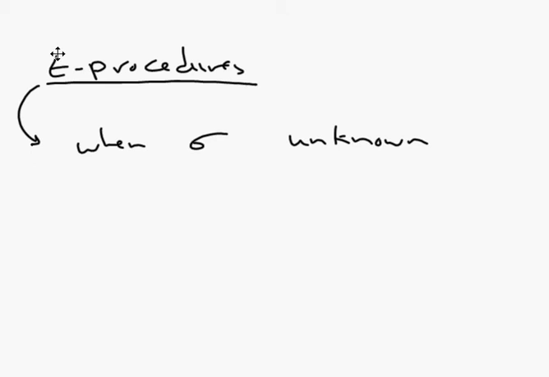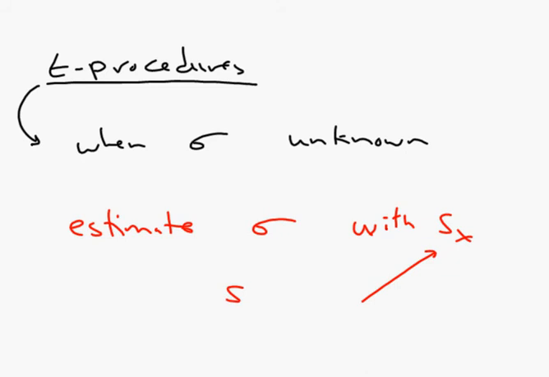So what do we do? First off, when sigma is unknown, we start by doing the following. We estimate sigma with S of x, where S of x is the standard deviation of our particular sample.